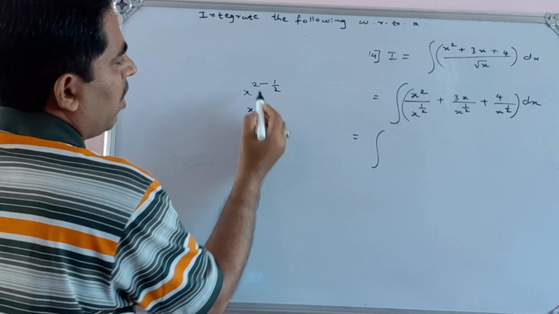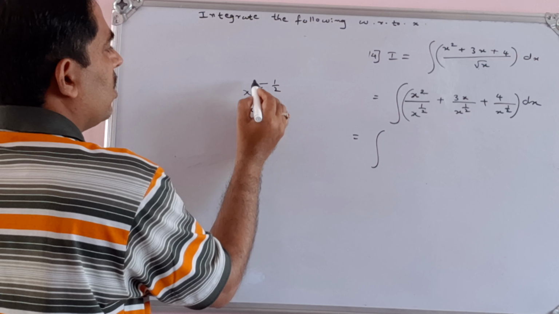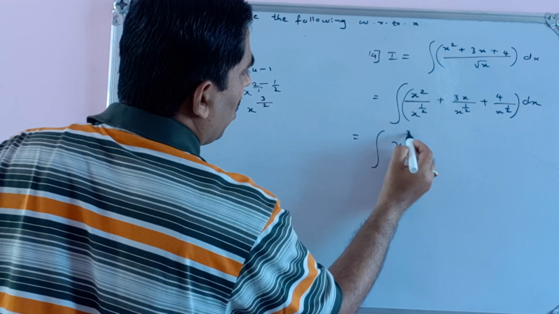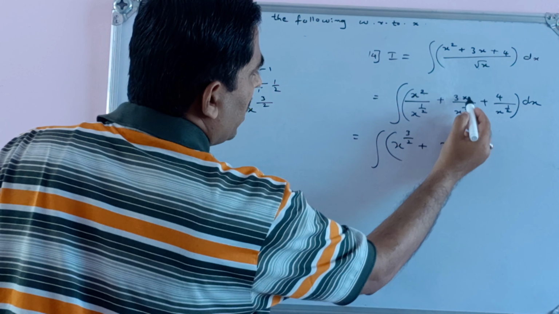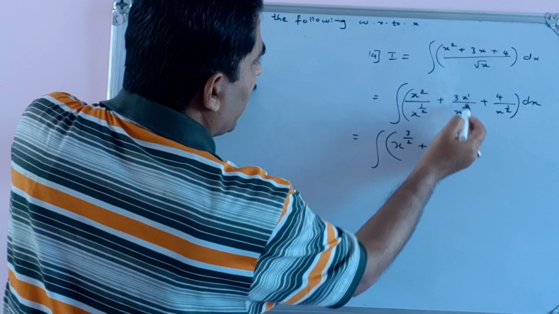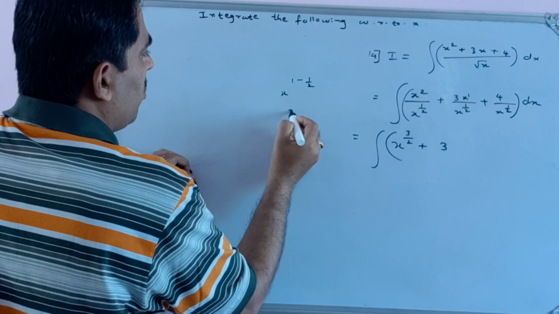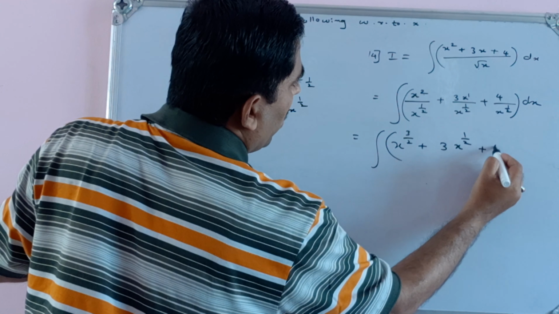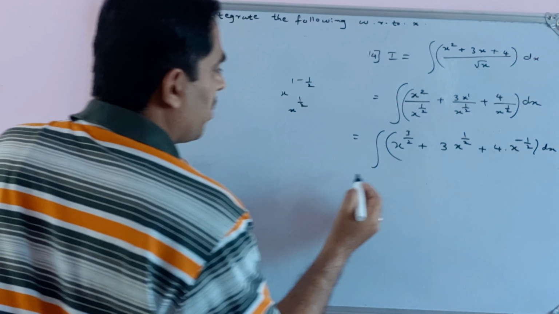Taking the LCM, it is 4 minus 1, which is 3, so I get x to the power of 3 by 2. Plus, write this 3 as it is, then this is x to the power of 1. Once again you subtract the powers: 1 minus half is half, so x to the power of half. Plus write 4 as it is, then you bring half to the numerator, I get x to the power of minus half, with respect to x.